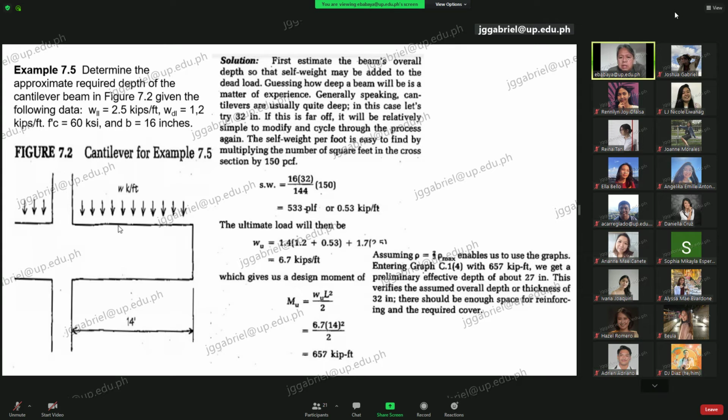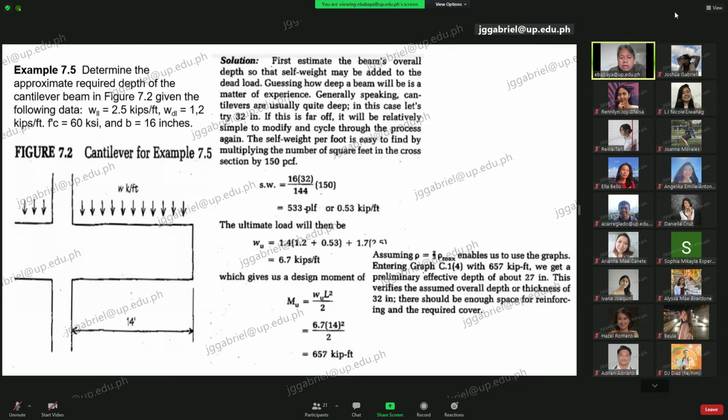So we get the self-weight per foot is easy to find by multiplying the number of square feet in the cross-section by 150 pounds per cubic foot. Okay? So 16 by 32. Saan natin galing yung 32? Okay.